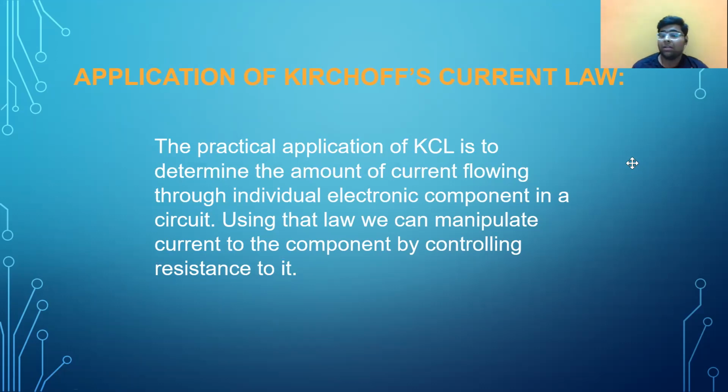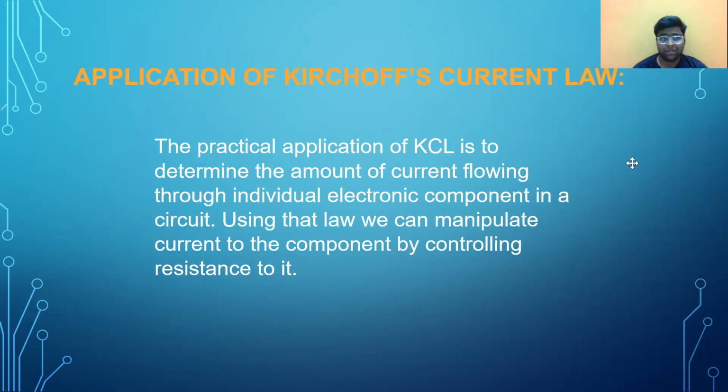Let us revise the first statement once: the sum of the entering currents and leaving currents at the node must be equal to 0. The main application of Kirchhoff's current law is to determine the amount of current flowing through an individual electronic component in a circuit.